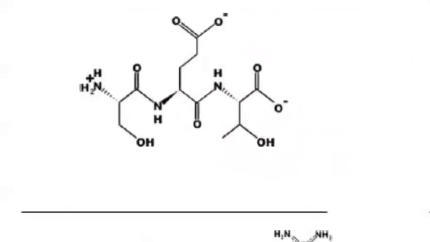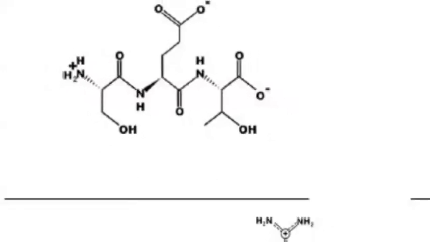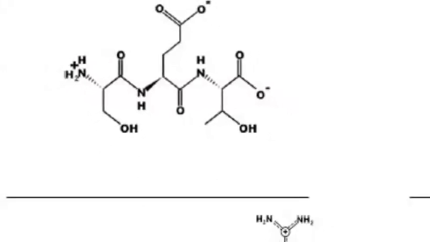And I'm going to do the first one with you guys. As I mentioned, most peptides are going to start with an NH3. You may be wondering, but Dr. Luz, I don't see an NH3 here. Look, NH2 plus hydrogen, that means NH3.